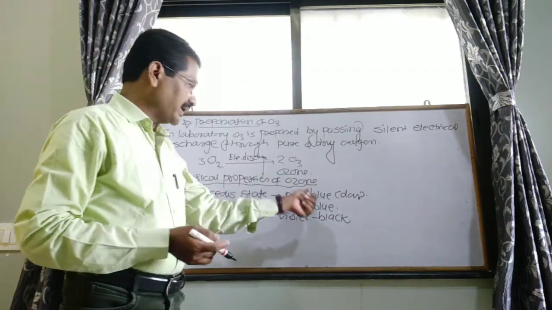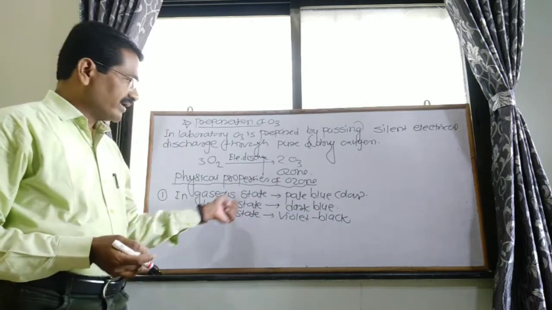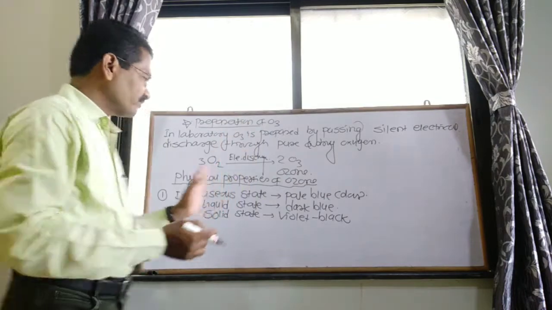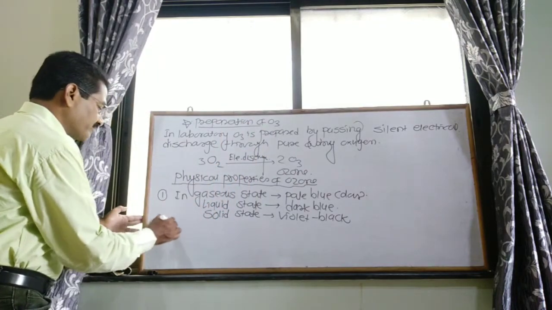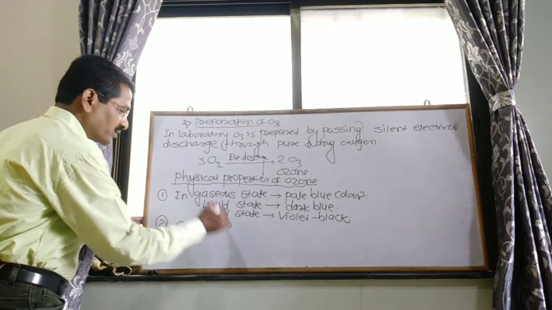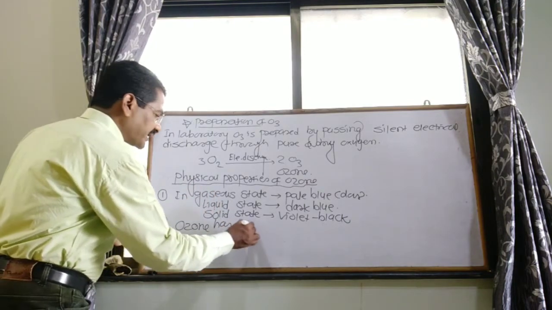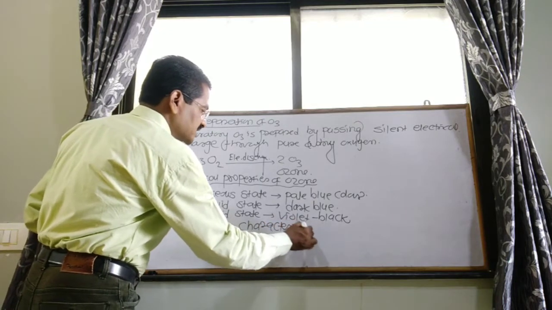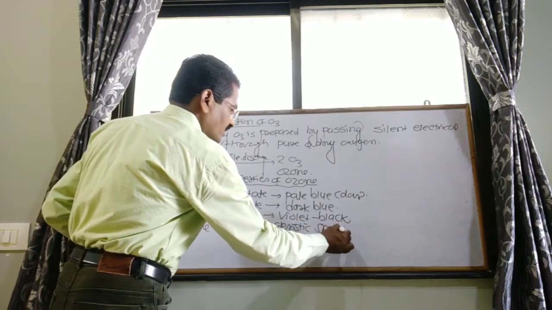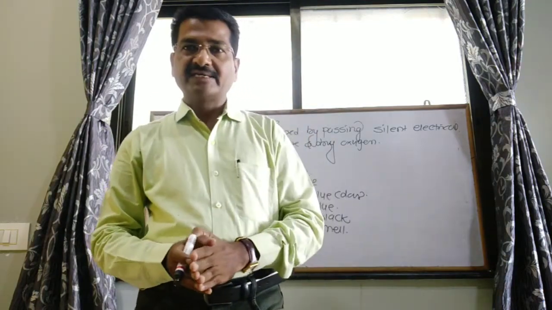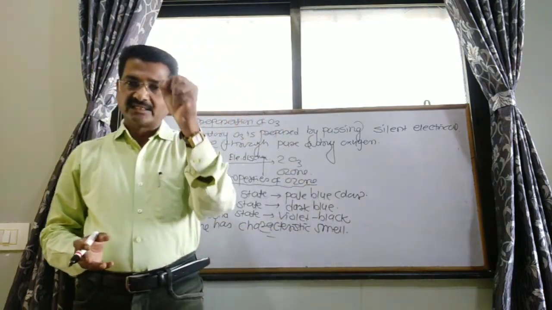In gas, pale blue; in liquid, dark blue; but in solid, violet black. Second physical property: ozone has a characteristic smell. Ozone possesses a specific smell.